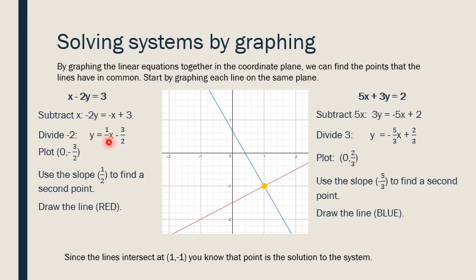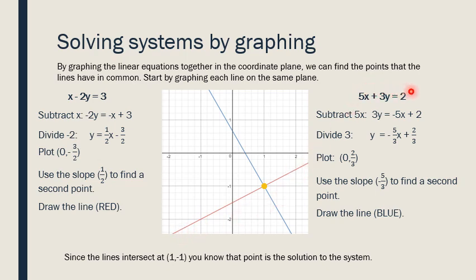So I know that the slope will be 1/2 and that the line will pass through the y-intercept at negative 3/2. So I put my negative 3/2 down on the graph and I go up 1 and over 2 and put another point on the graph, draw the line in between, and that would be this red line.